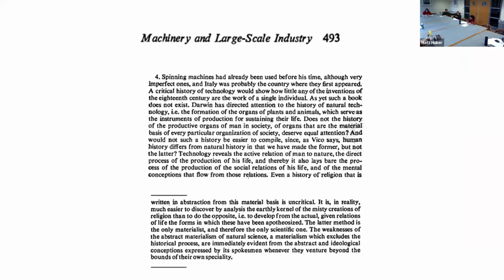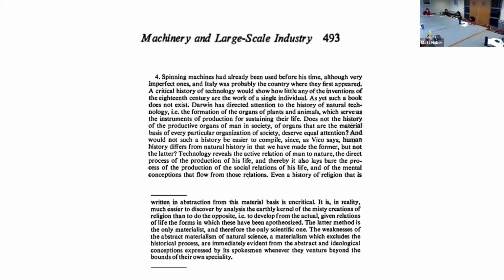He says, does not a history of the productive organs of man and society, the organs that are the material basis of every particular organization of society, deserve equal attention? And would not such a history be easier to compile, since, as Vico says, human history differs from natural history in that we have made the former but not the latter?